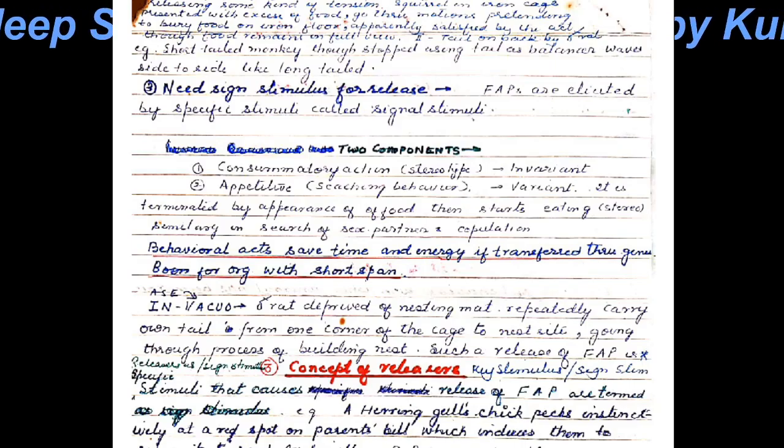Although the egg may belong to another bird which is not even its conspecific. The FAP here is incubation. That means the egg of the cuckoo is incubated by some other bird. That incubation is a fixed action pattern. The sign stimulus is the mere presence of the cuckoo's egg in the nest of a bird of another species.